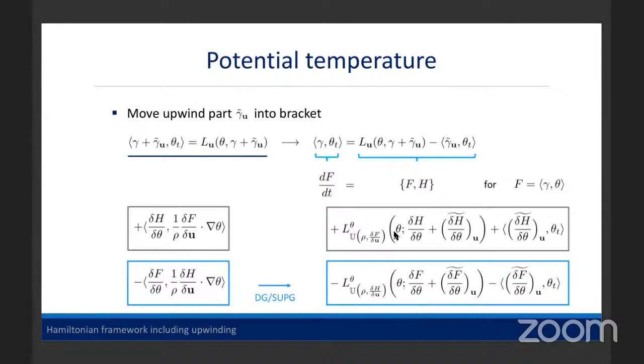So these two terms in gray and blue are the same thing, except f and h is swapped and plus and minus. So I still have an antisymmetric bracket, but it now includes upwind stabilization. So it should stabilize my field, but it should still be energy conserving. That's the idea. And it turns out this gray term ends up in the velocity forcing equation. So I'll have a different forcing term.